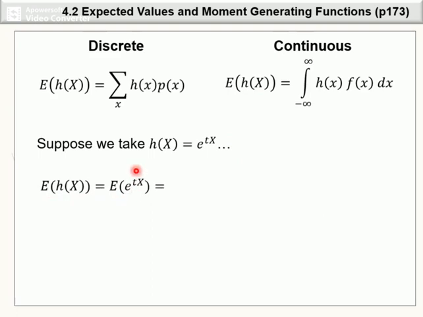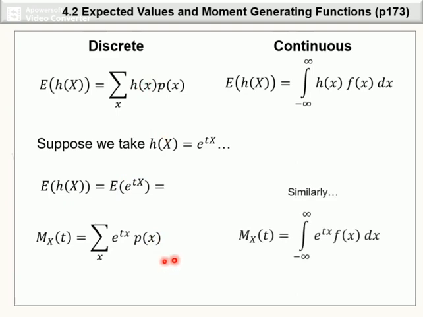So you know that whatever's in there as a function of x just ends up being in that position. And what you end up with is this, which is just the definition of a moment generating function for a discrete random variable.